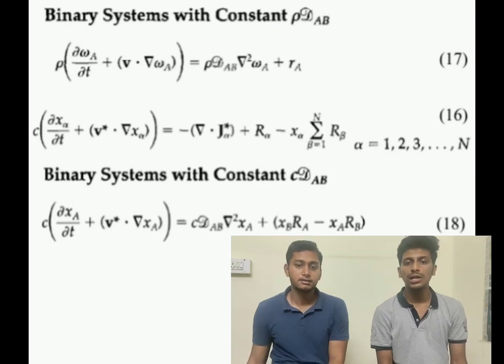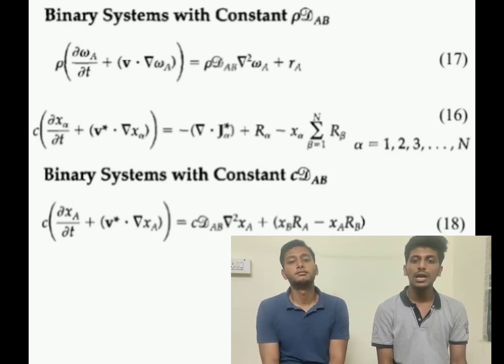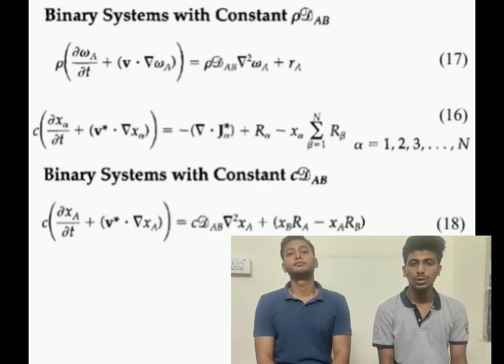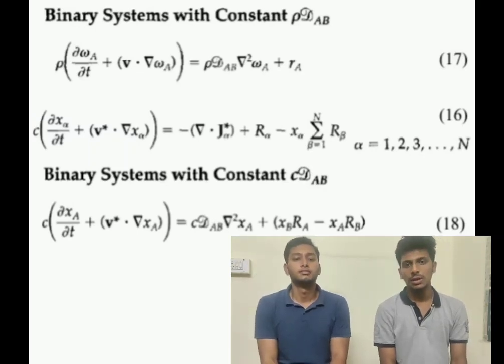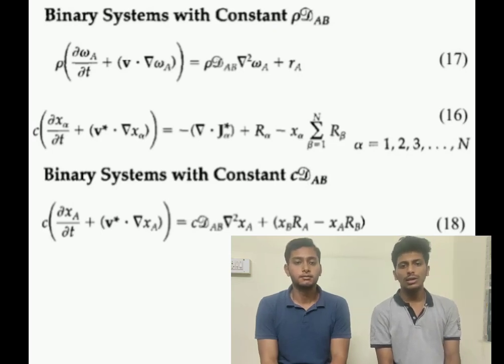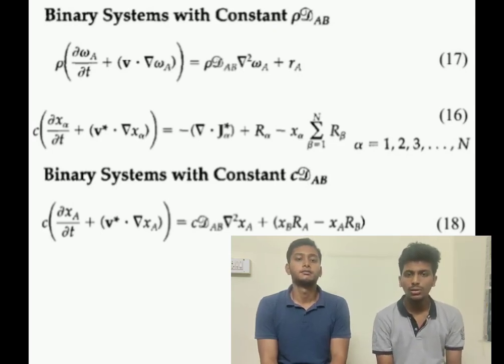Okay, so starting with the left hand side, the time derivative and the convective transport. This part comes to be C times ∂x_A by ∂t plus v star dot ∇ x_A. Here C stands for the total molar concentration of the mixture.